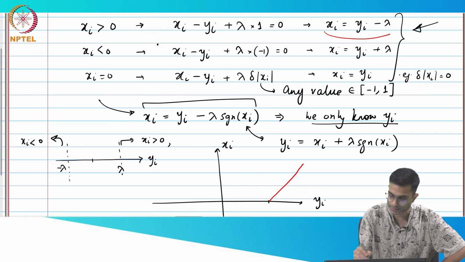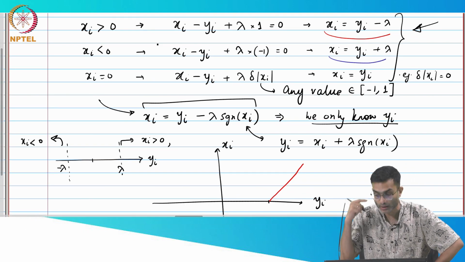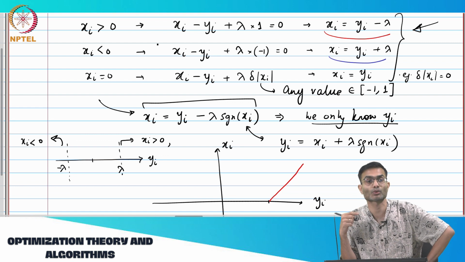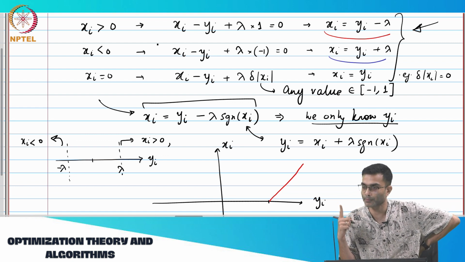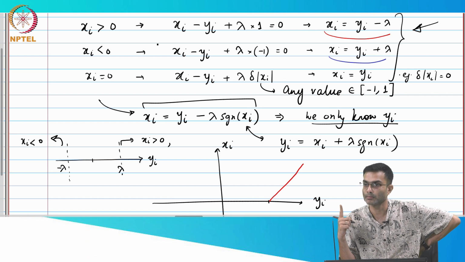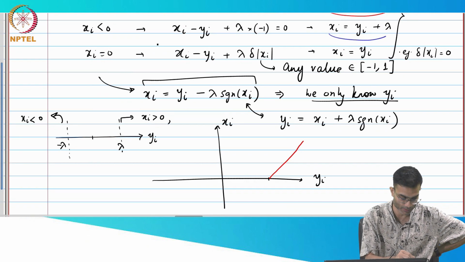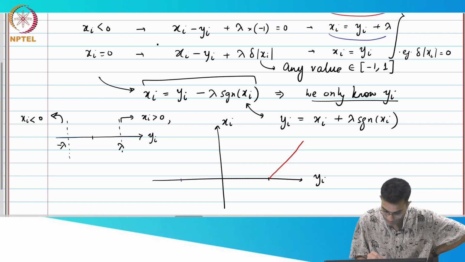Then let's take this equation. What is the slope of this one? 1. The slope is still 1, but the intercept is plus lambda. So this is going to be something like this; the drawing is not to scale.